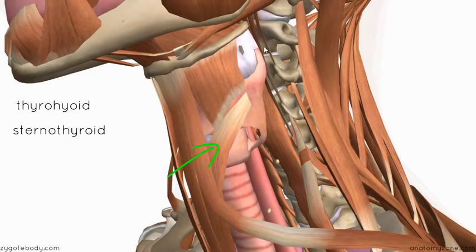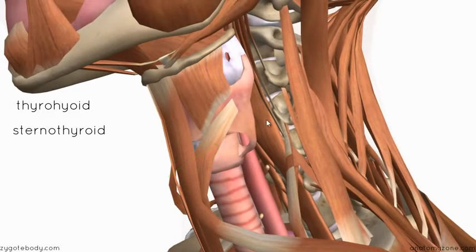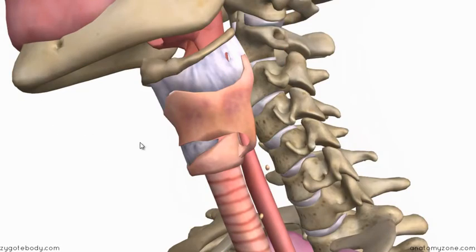And then you've got a muscle which isn't shown on this model, which sits posteriorly, and this is the inferior constrictor muscle. So you've got three muscles which attach along this oblique line. You can see that the line roughly runs from the base of the superior horn to the middle of the bottom part of this lamina of the thyroid cartilage.